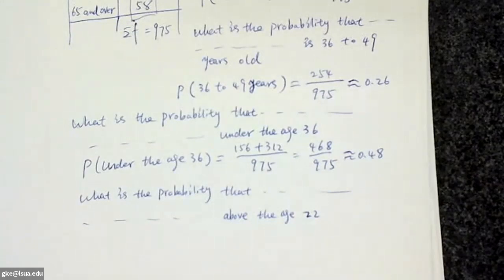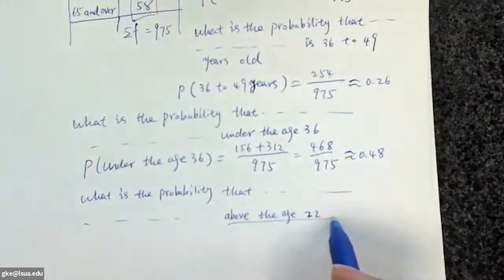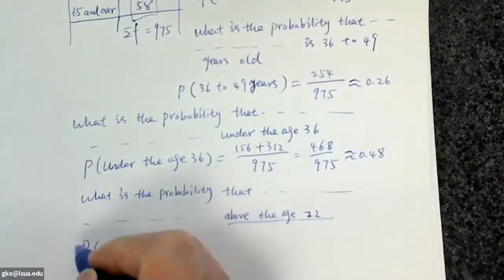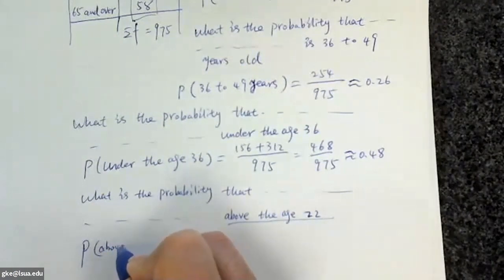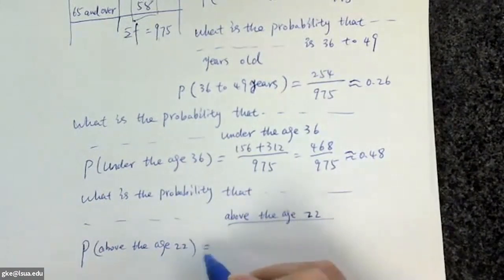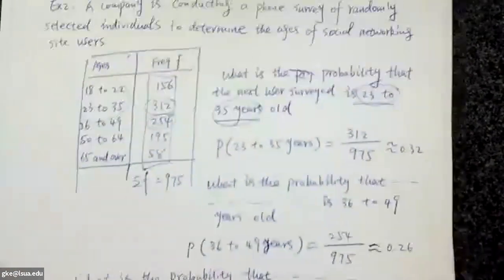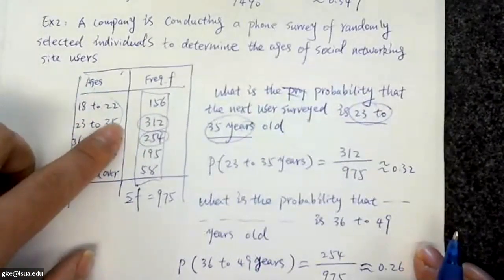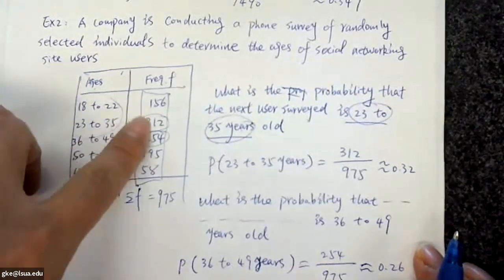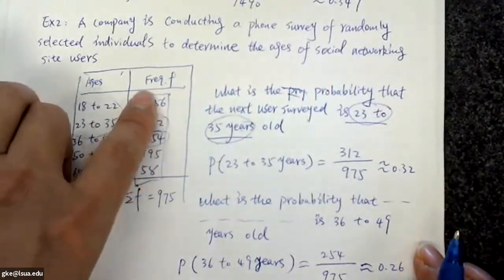Okay, I'm gonna write down the answer on the board. So be careful here: above the age 22. We're gonna check the table above the age 22. It's gonna be 23 to 35. Also include all these columns, right? Except this value.